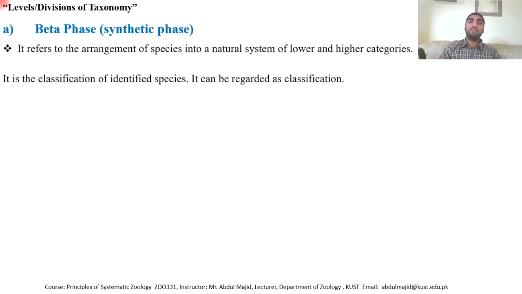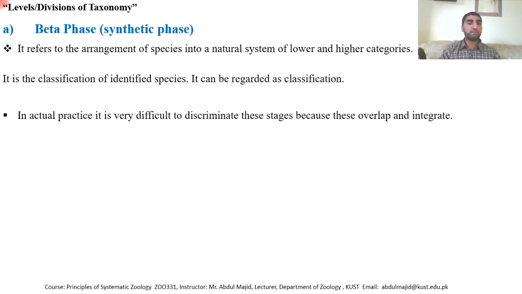It is the classification of already identified species, and now you are placing those species into different categories. It can be regarded as classification because it's simple. You are just putting the identified species into higher taxa or higher categories.